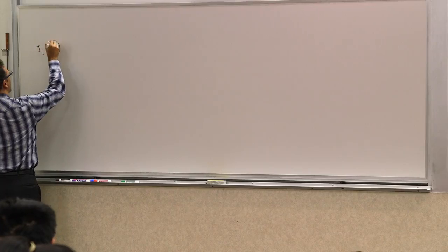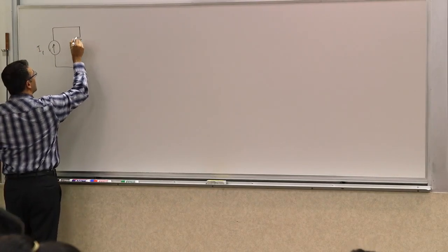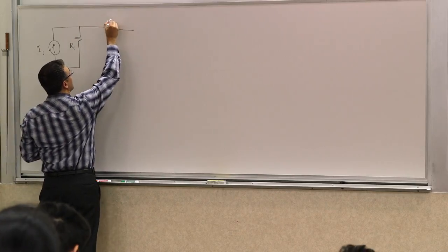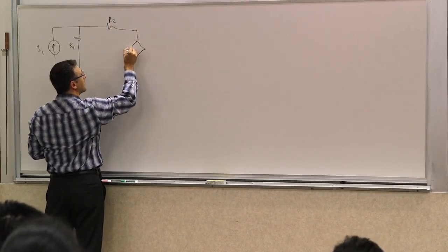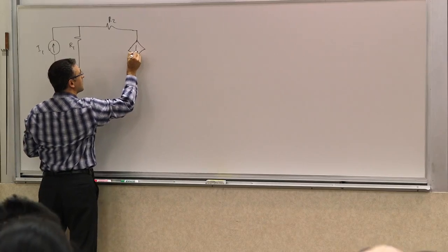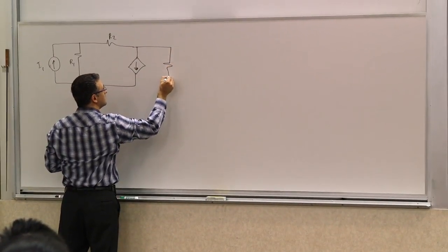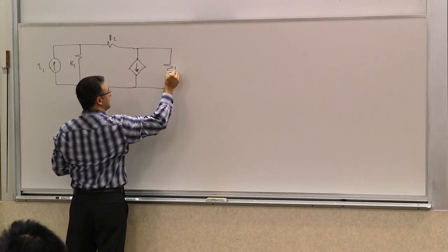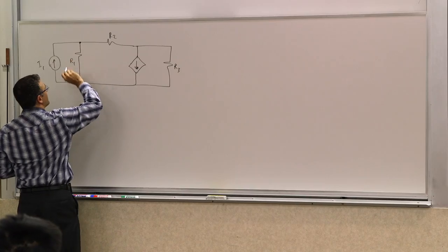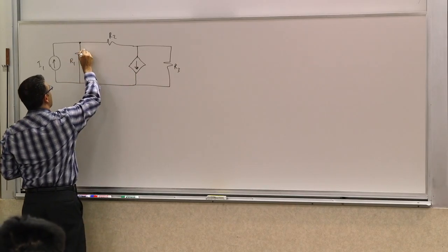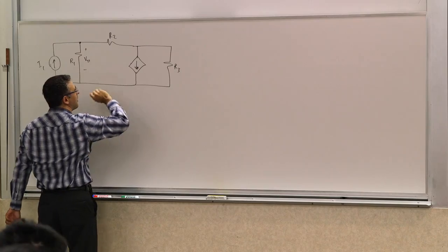Let's say this is I1, R1, R2, R3. And let's say we define this voltage, we call it V pi.